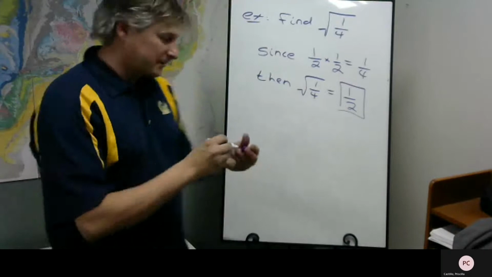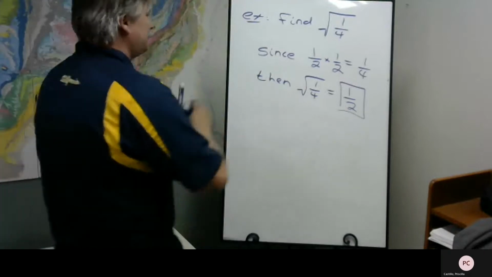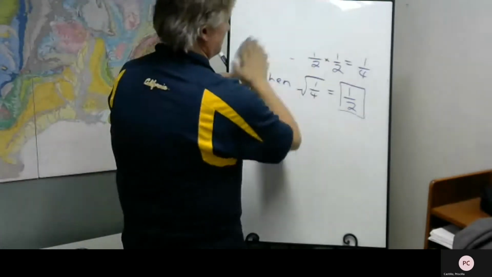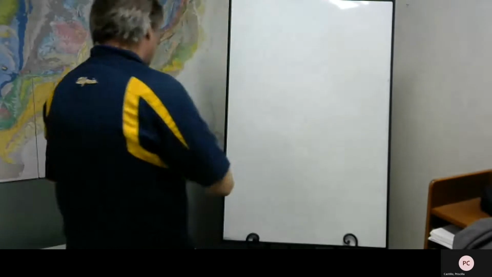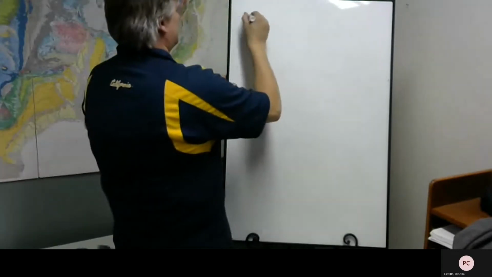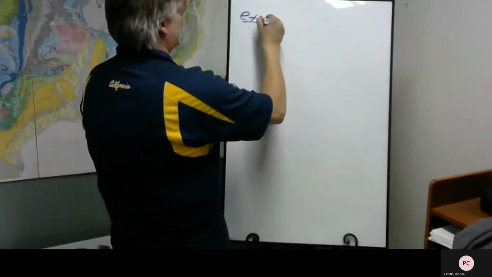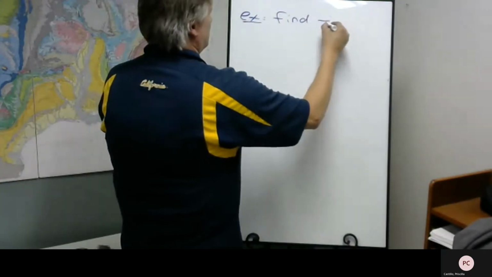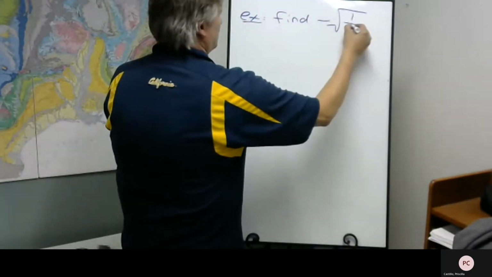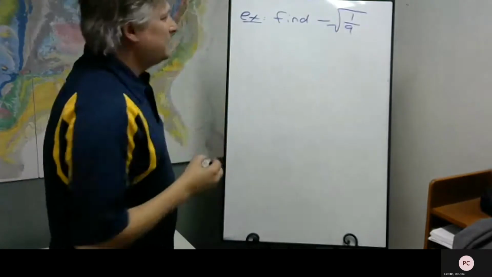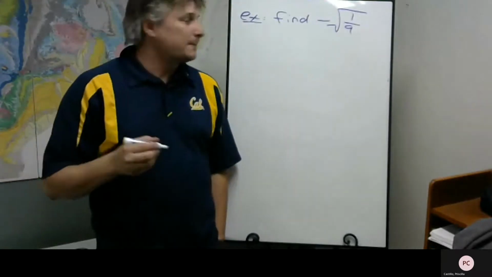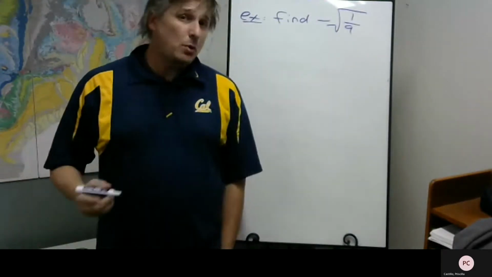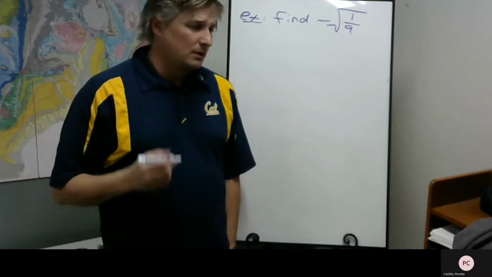Now let's take a look at another one. Find the negative square root of 1/9. There's two ways of doing this.